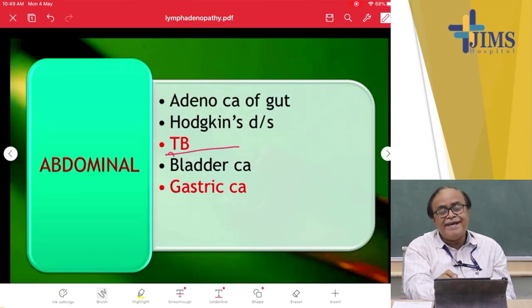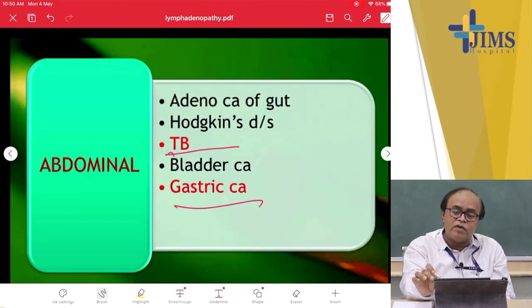Adenocarcinoma of gut, any part, from stomach, small intestine, large gut, rectum, anal canal, you may get abdominal lymph nodes involved, enlarged. It may be from Hodgkin disease, and very common in our country, tuberculosis. Then bladder carcinoma and gastric carcinoma, I have told you.